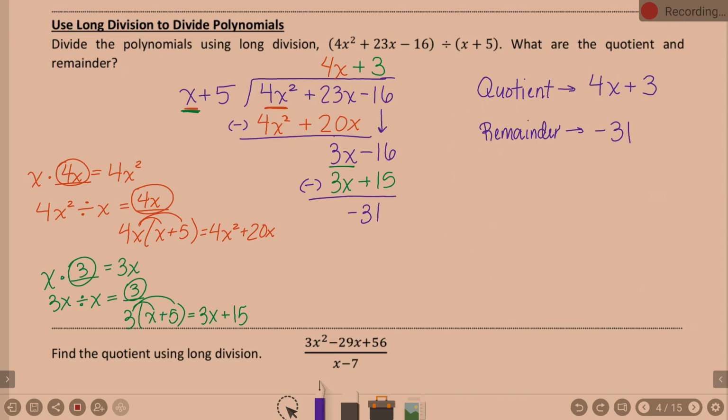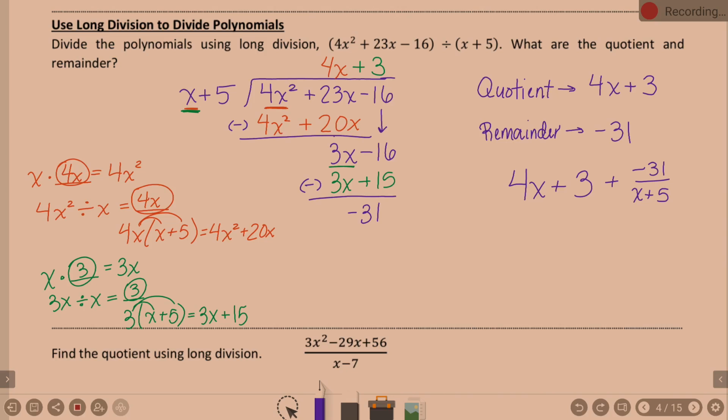So I'm going to say 4x plus 3. Now, officially we say plus. What's our remainder? Negative 31 over our divisor of what? X plus 5. So plus negative 31 over x plus 5. Now, here's the deal.